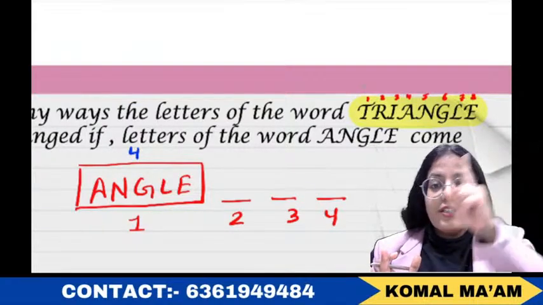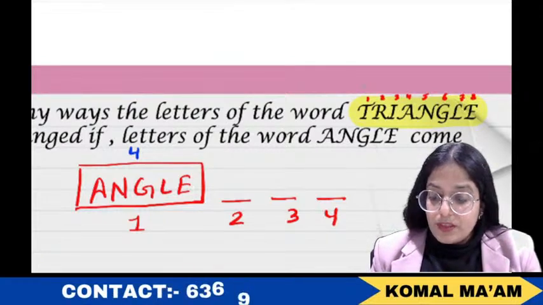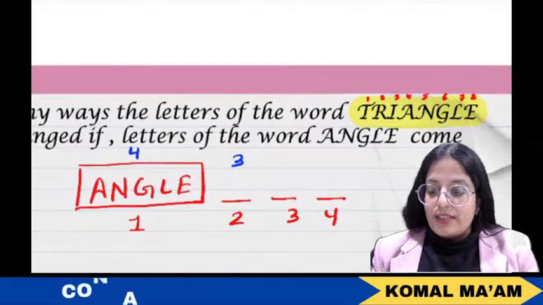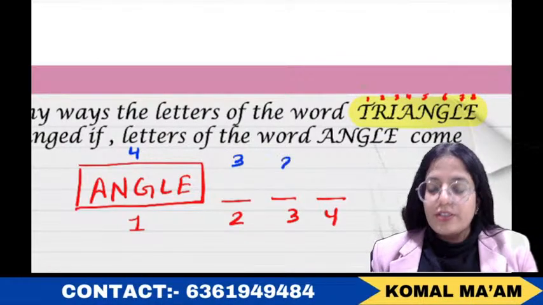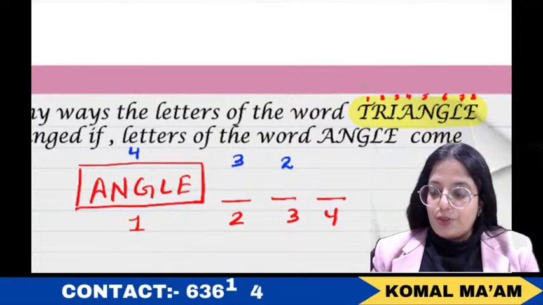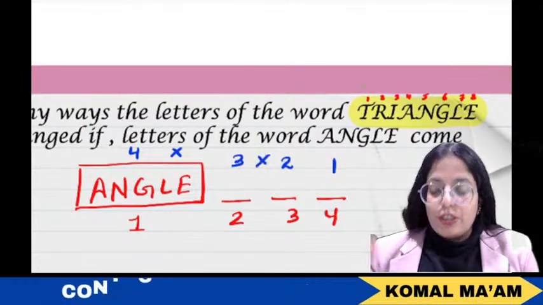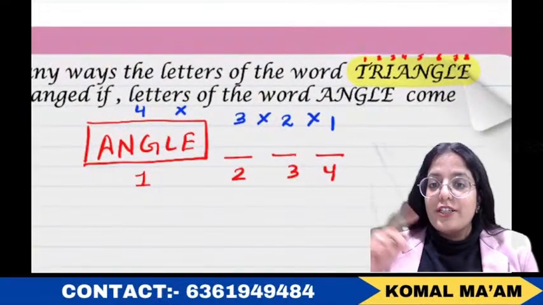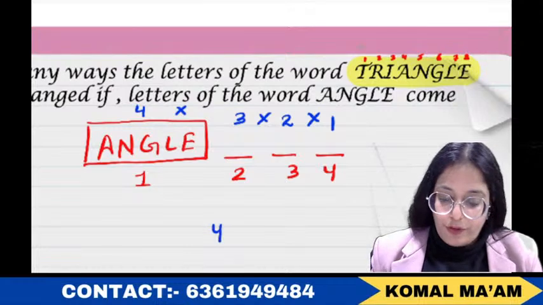Now you'll be left with 3 options for the second place, then 2 options for the third place, and 1 option for the fourth place. So you just need to multiply them: 4 into 3 into 2 into 1, which we discussed in the previous session. It is nothing but 4 factorial.